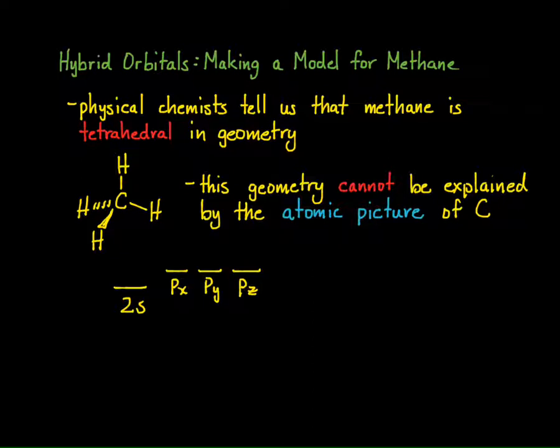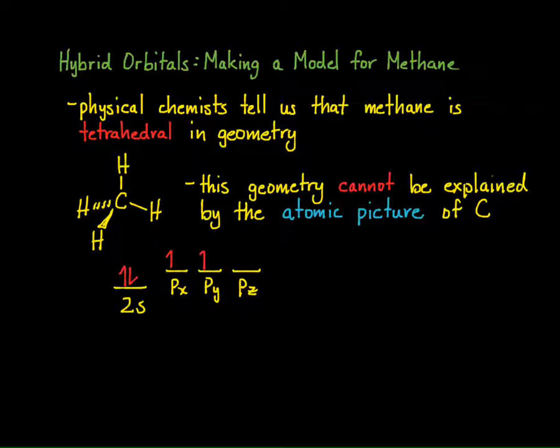Two electrons reside in the 2s orbital, and they are paired. Then two electrons reside, one in a px, let's say arbitrarily, and one in a py. So one in one p orbital and one in another p orbital. And then the last p orbital is empty.